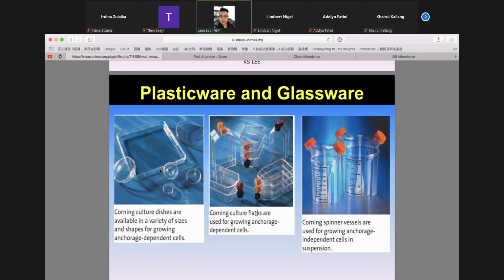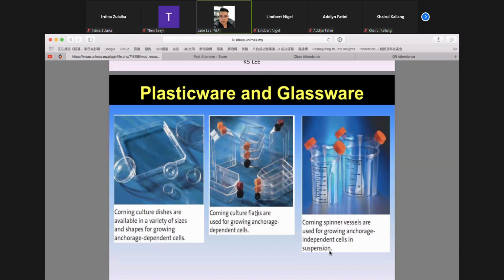Okay, Corning flasks are also used for anchorage dependent cells, the second in the middle panel. And Corning spinner vessels are used for growing anchorage independent cells, because these are in suspension. So the cells do not need any place to attach to.